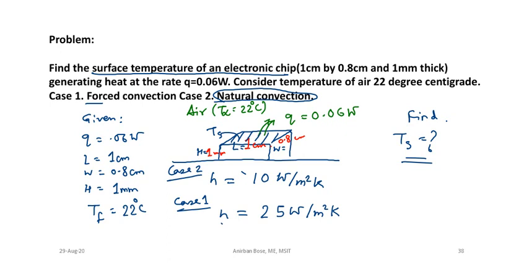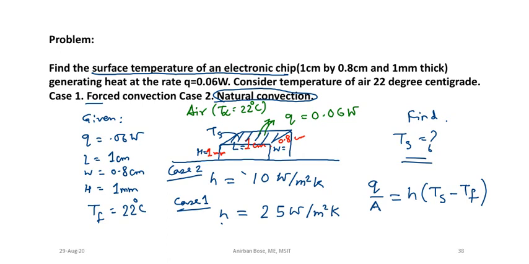We have just assumed some value because no H values are given in the problem, and we have assumed these are the expected values. The problem is very simple. We know from Newton's law of cooling that the heat flux, Q by A, is nothing but H into T wall, or T surface, minus T of fluid.